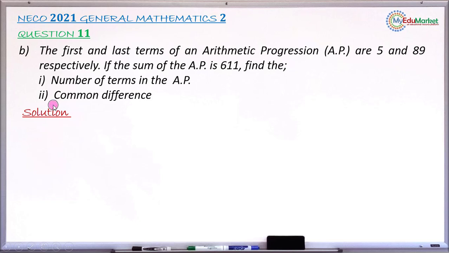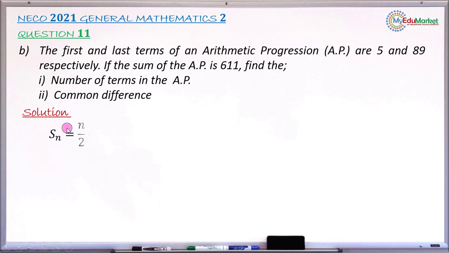Starting with the first question, we are asked to find the number of terms in the AP whose first term is 5 and its last term is 89. The position of the last term always denotes the number of terms in that AP. So we attempt to find it using the sum of this AP, which is given as 611.